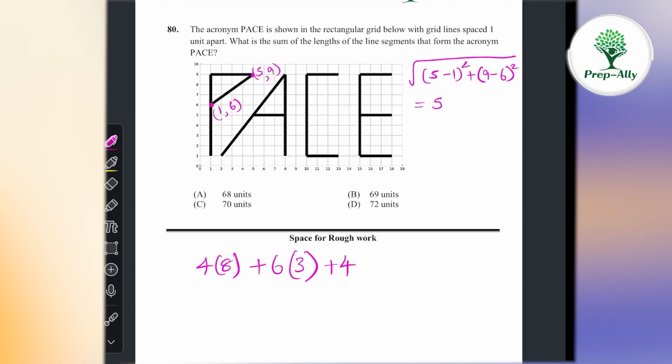And similarly for this length here in A, we have this point as 9, 8, and this point as 2, 1. So the length of this is, this is 8, 9.